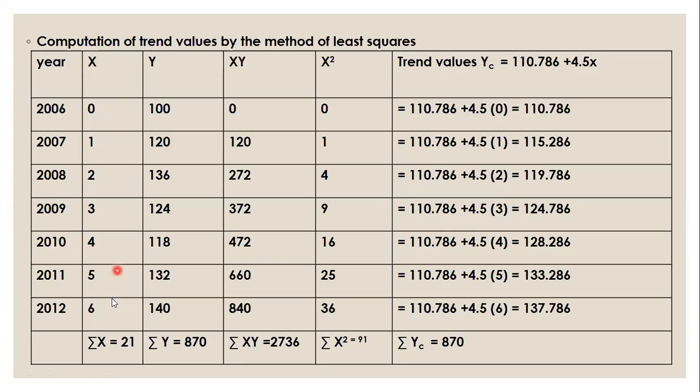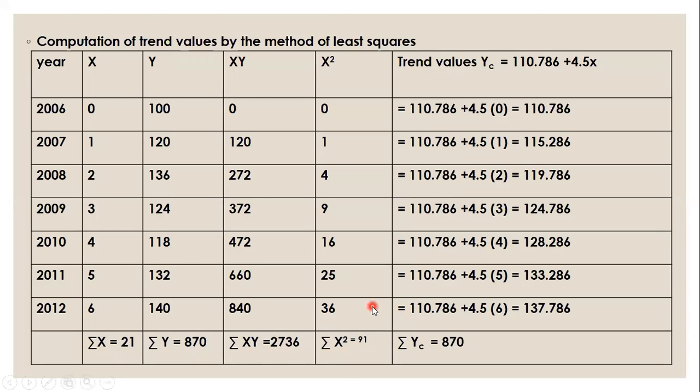Once we assume x in one way, we have y, which is given to us in the problem, and we multiply x and y to get xy, and we calculate x square, and then we will get all the totals here. This last column will be calculated later. So we will calculate summation x, summation y, summation xy, and summation x square.